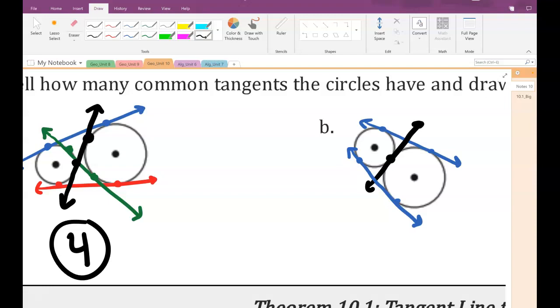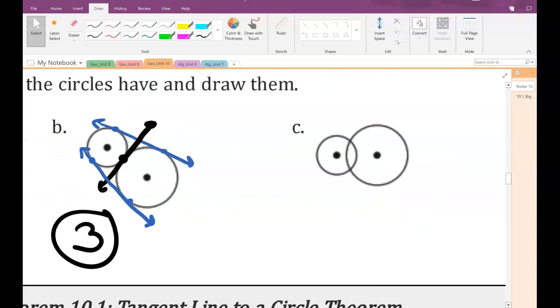Because if circles are going to intersect in two places, they have to be overlapping. Circles can either intersect in two places, they overlap, intersect in one spot, or they don't intersect at all. So this would have three common tangents. And then this one would just have two, the one on the top and the bottom.